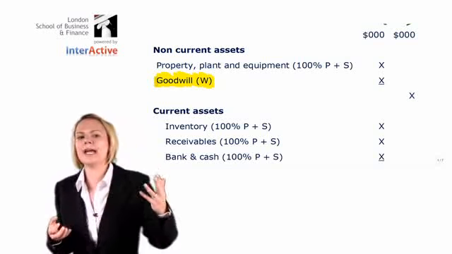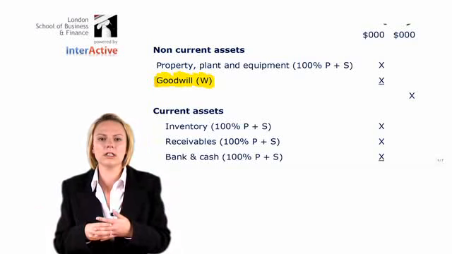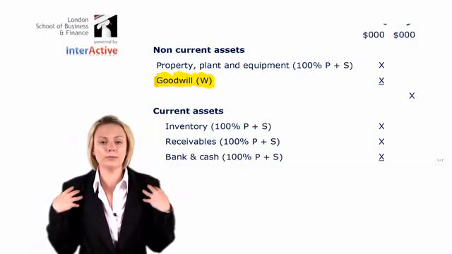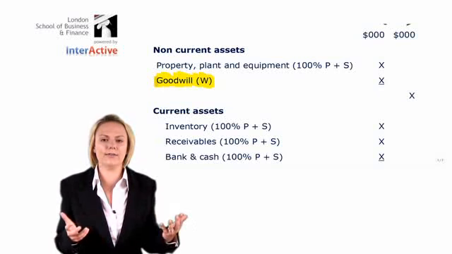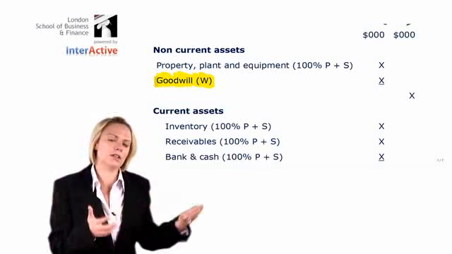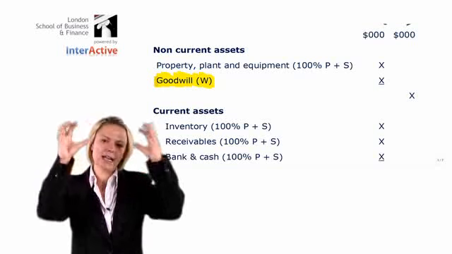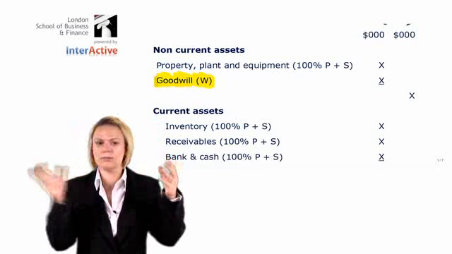And excellence and reputation can only come from the people that actually run the business. So, as me as a tutor, for example, I would contribute to the goodwill of Interactive, to their good excellence and reputation. But Interactive wouldn't show me as an asset on their statement of financial position. They wouldn't do that because I'm not tangible.